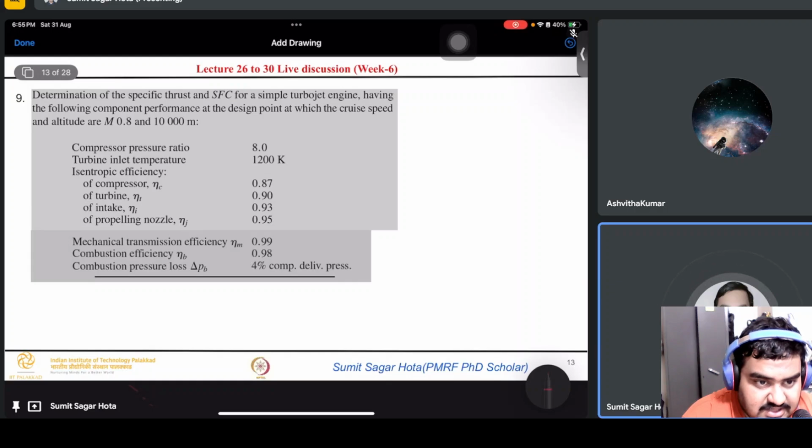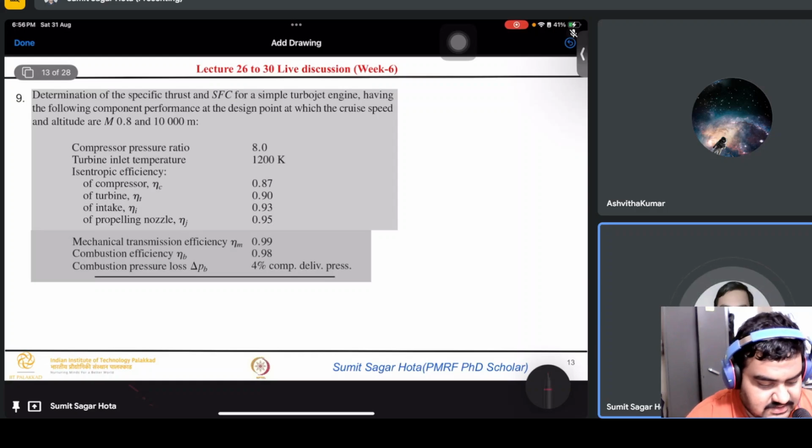The isentropic efficiency of the compressor is 0.87, of the turbine 0.9. For the intake, the isentropic efficiency is 0.93. For the propelling nozzle, it is 0.95. The mechanical transmission efficiency is 0.99. Combustion efficiency is 0.98. Combustion pressure loss is 4% of the compressor delivery pressure.